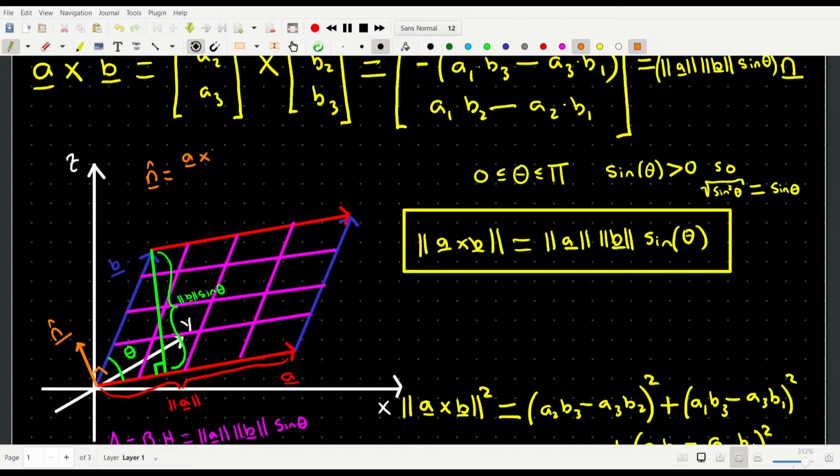And this is the true geometric form of the cross product.